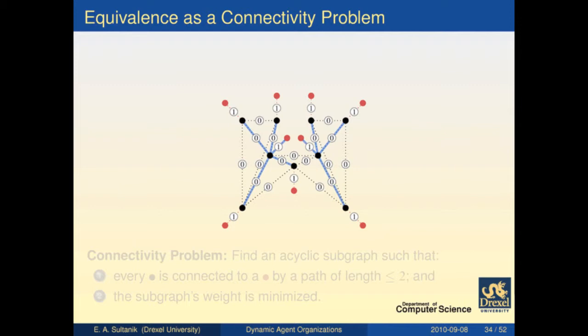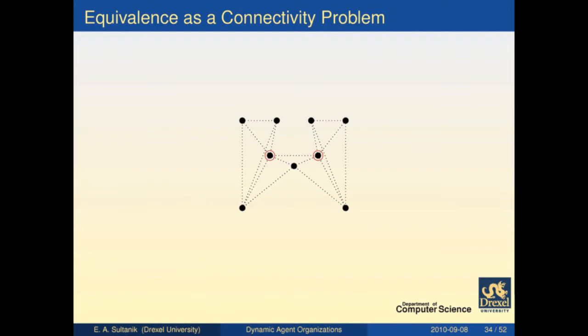And then every black vertex that is adjacent to its associated guard vertex in the subgraph becomes a guard. And we have our solution.